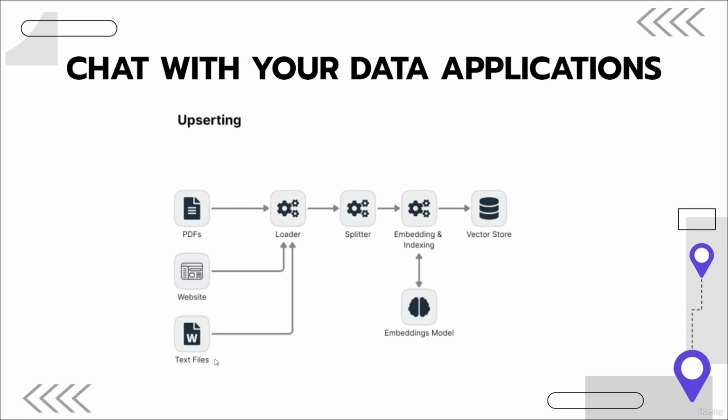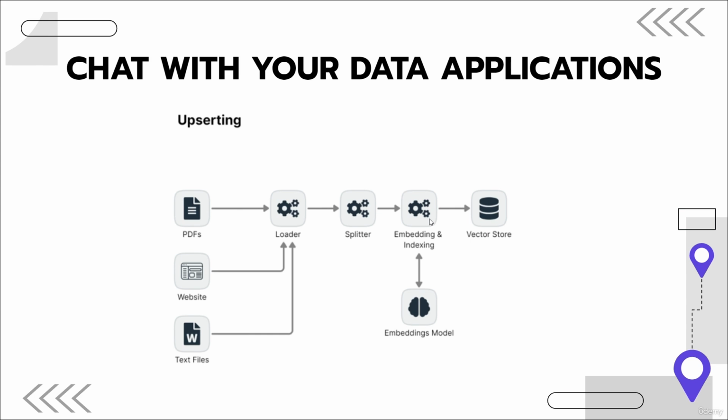Starting from left to right, we have the data source. For example, a website containing information we're interested in. It could be PDFs or text files or other supported data sources. Next, we load the information and then we split the information into chunks with a splitter. Now, each chunk goes through a process called embedding.